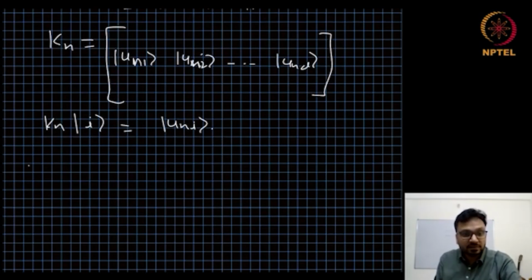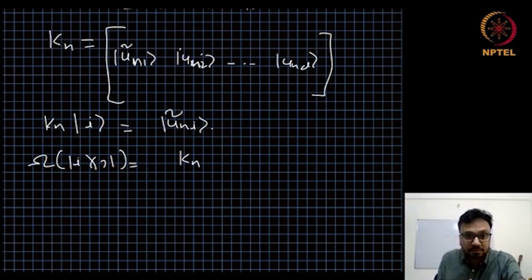So which means omega acting on Eij can be written as the sum over n of Kn tilde |i⟩⟨j| Kn dagger.